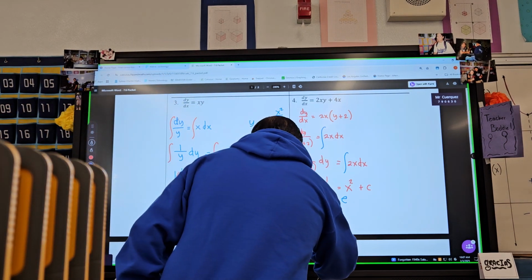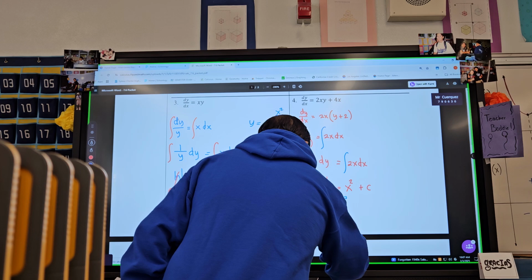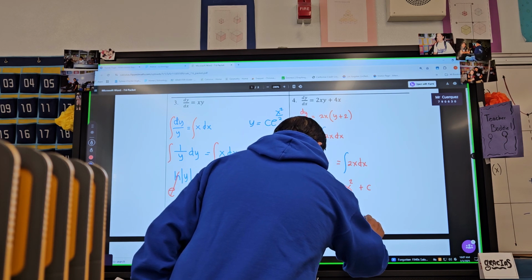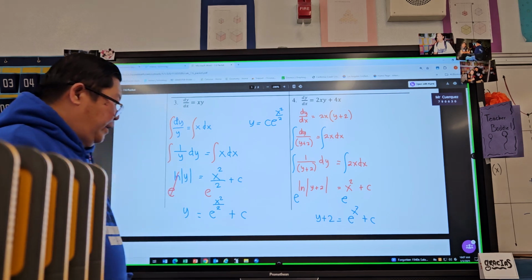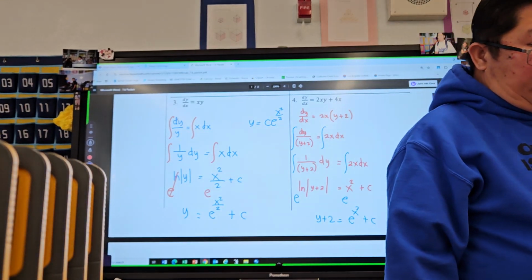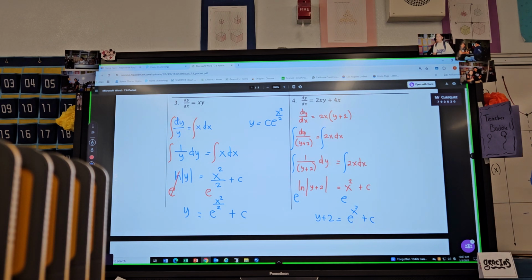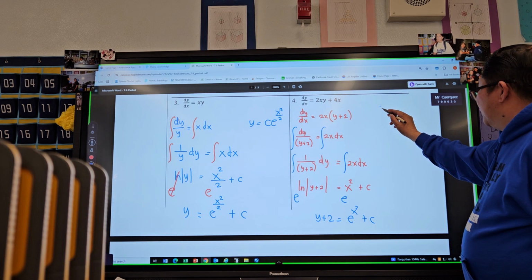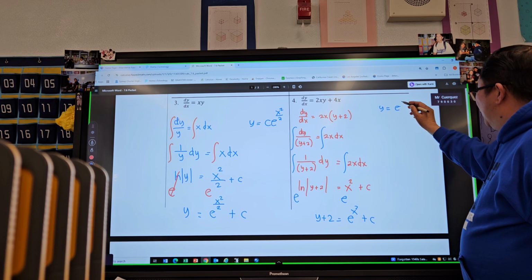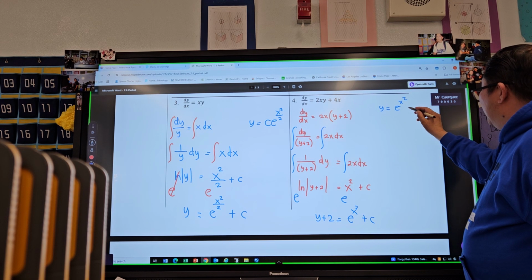So y plus 2 is equal to e to the power of x squared plus constant. And what do we do next? Subtract 2. So y is equal to e to the power of x squared plus constant, minus 2.